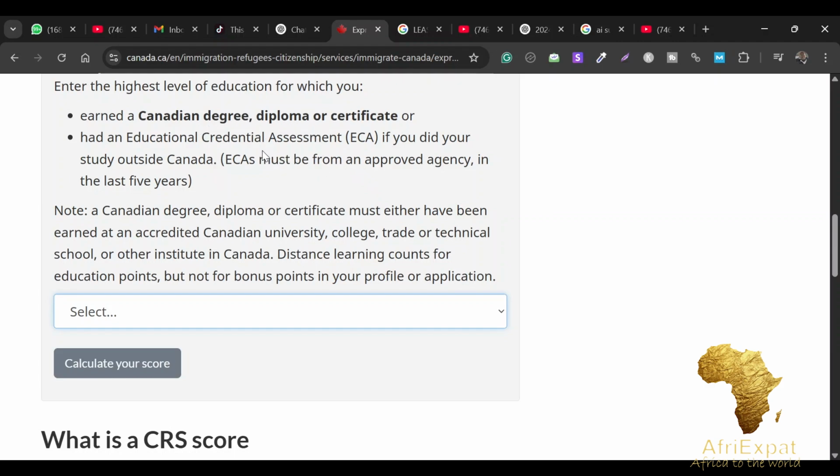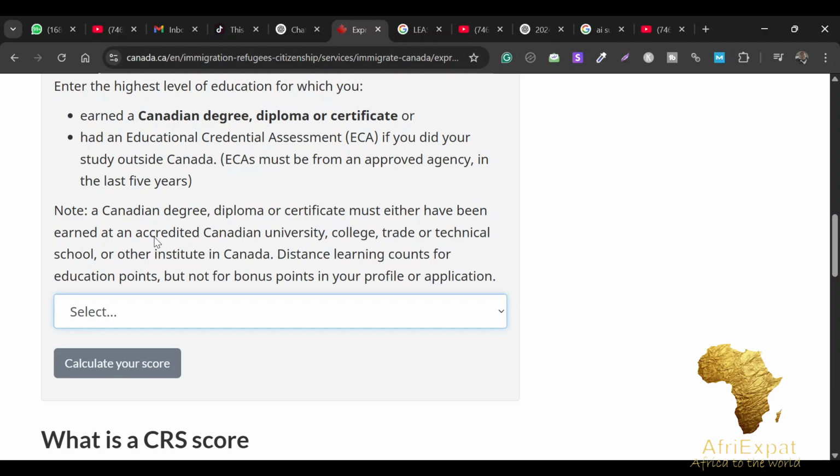High school graduation or secondary diploma, one-year program at a university, college, or other institute, two-year program at a university, college, trade, or technical school, or other institute, bachelor's degree, three or more year program at university, college, trade, or technical school. Now, this option, two or more certificates, that is diplomas or degrees, you can choose if you have two different certificates, and one of them must have taken you at least three or more years to get.